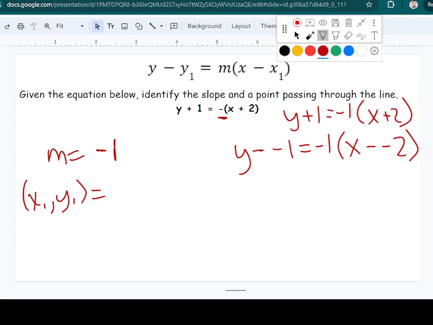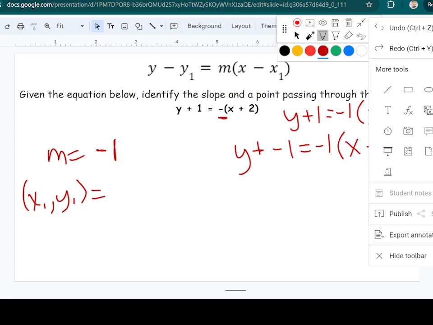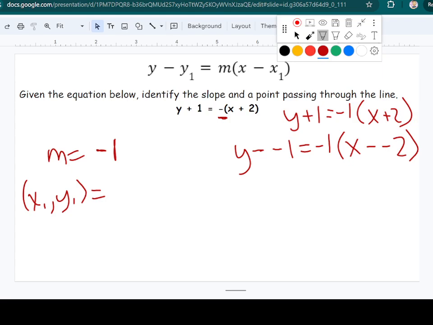Because of course, minus minus becomes plus plus. So the reason you sometimes will see plus signs in this is because we have a double negative, meaning that our numbers themselves are negative. So x plus 2 indicates that we have an x value of negative 2, and y plus 1 indicates that we have a y value of negative 1.